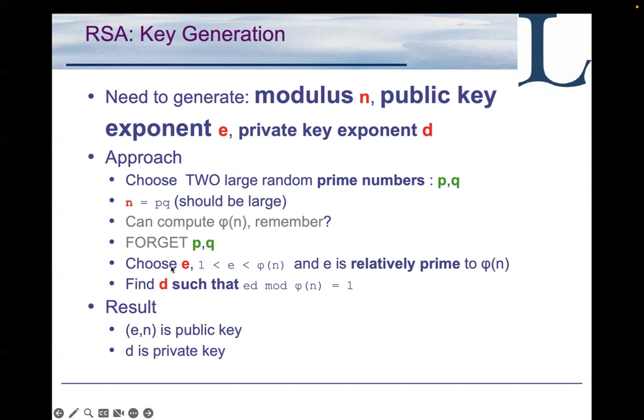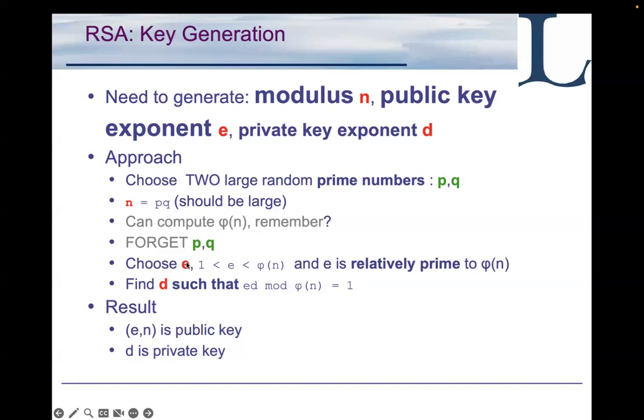Then you choose these two exponents using these two last rules. You choose the public exponent e, which is relatively prime to this function. You remember that this function would be this number minus 1.